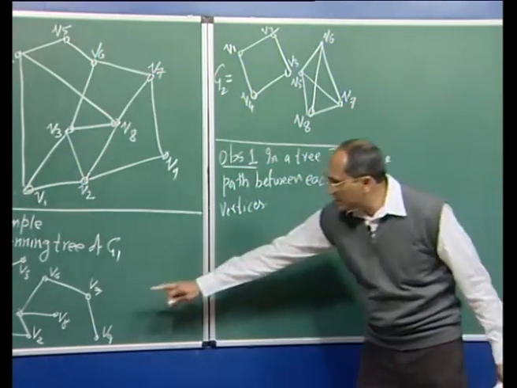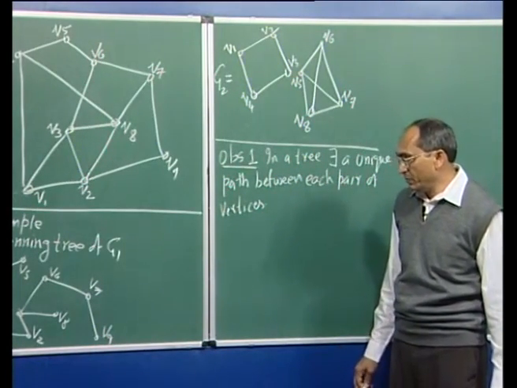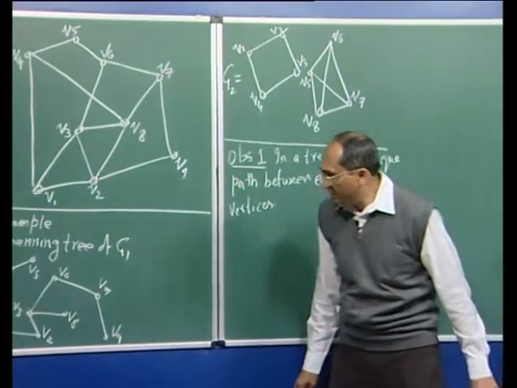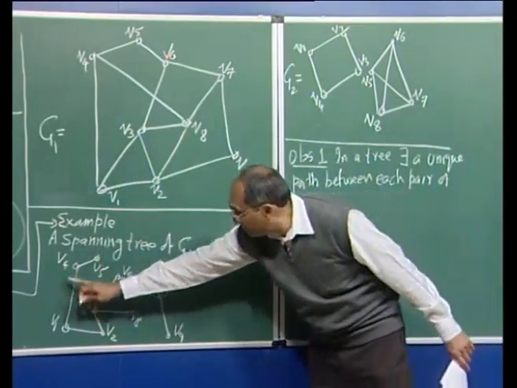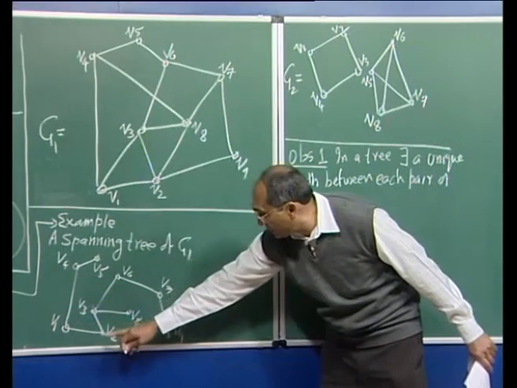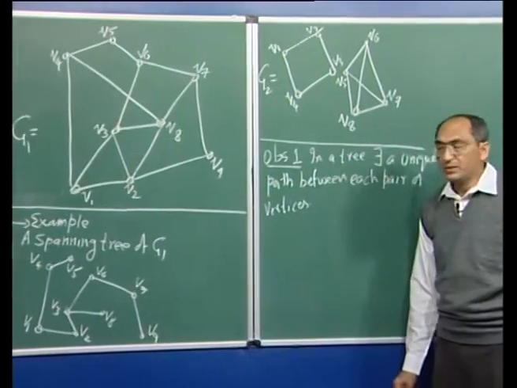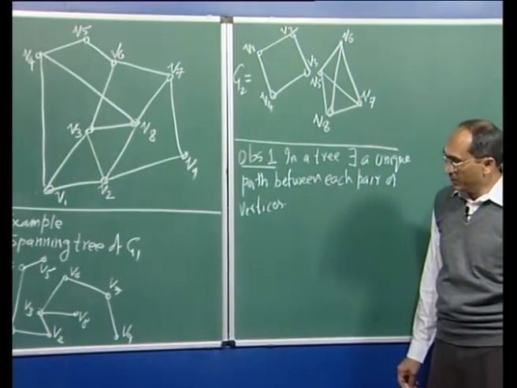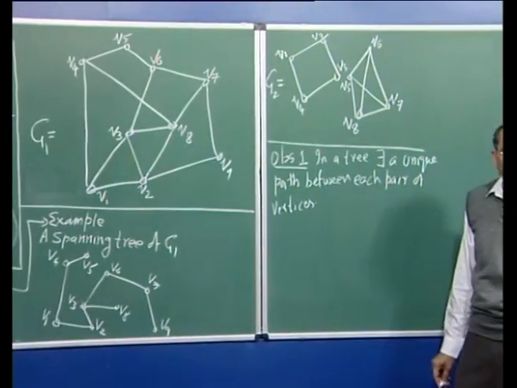If you take a look at this tree, you see that there is exactly one path between every pair. Consider V5, V8. We have one path V5, V4, V1, V2, V3, V8. That is the only path between V5 and V8. You pick any pair and you notice that there is exactly one path.